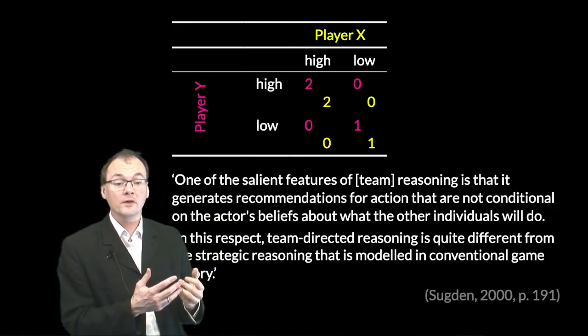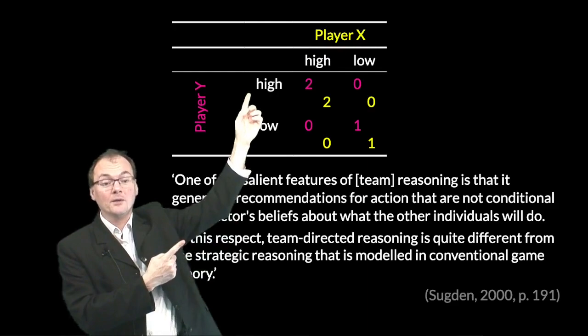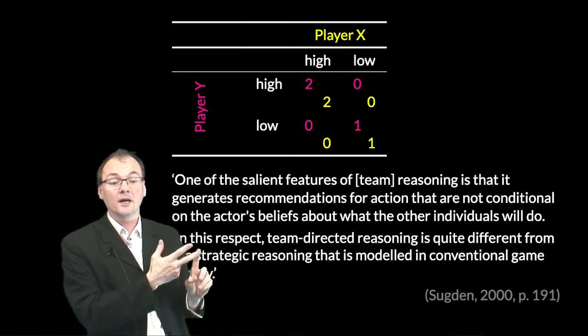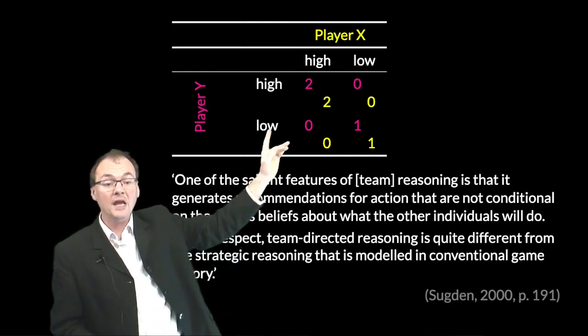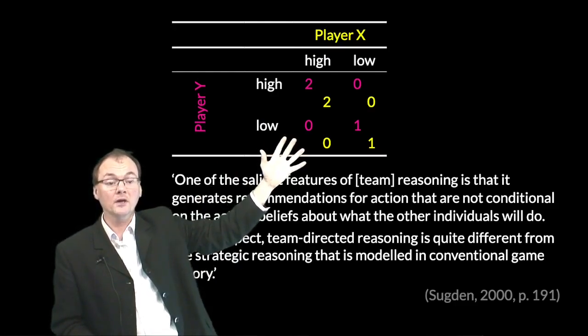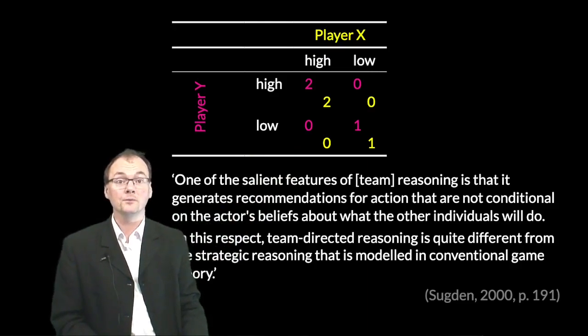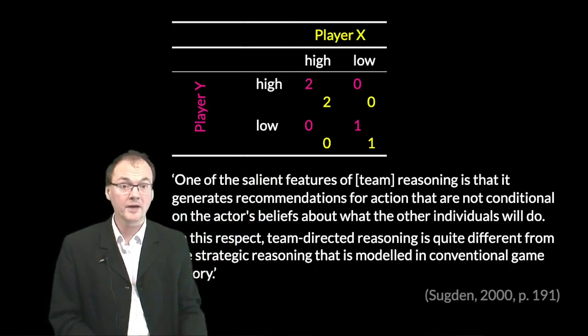What Sugden says is that when the team's preferences make high more rewarding, then you play high, otherwise you play low. But in this picture of the game, we don't actually know what the team's preferences are, so there isn't really a rational decision to be made at all.